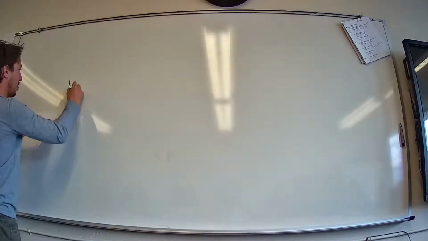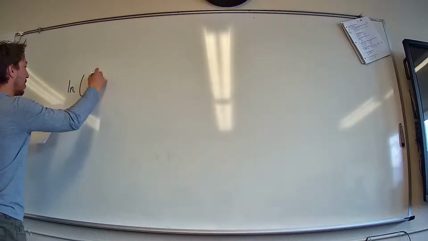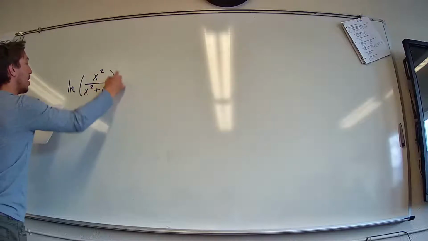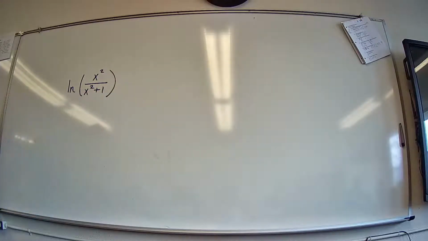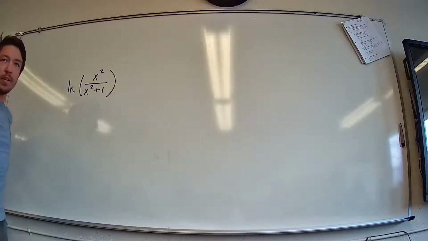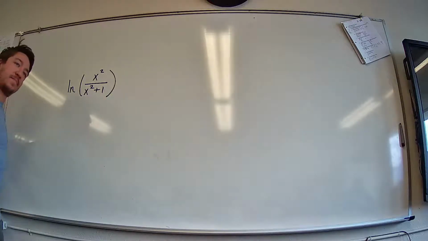So we're going to talk about the derivative of this. When you first see that, you might go, oh, I've got to do a quotient rule inside a chain rule. But no, it's easier than that.